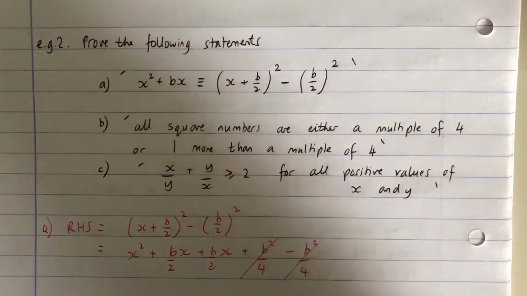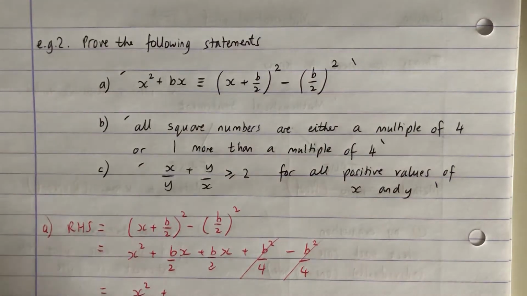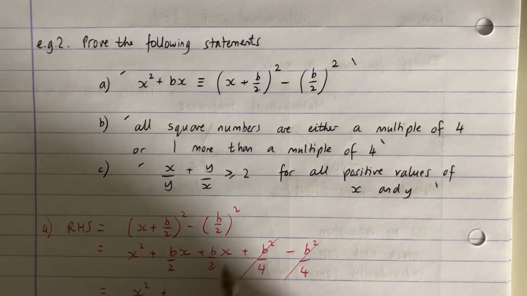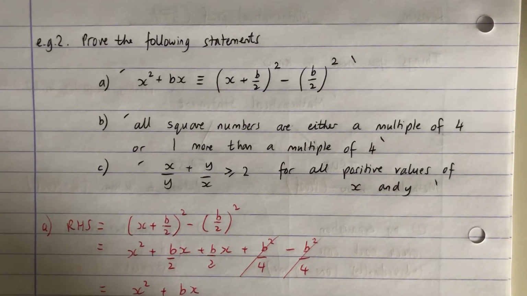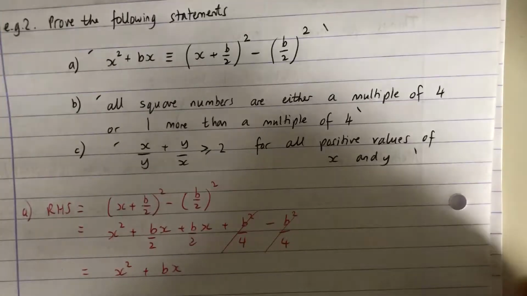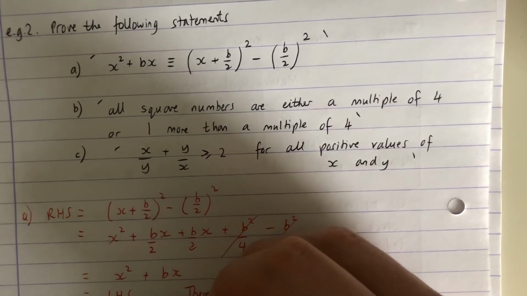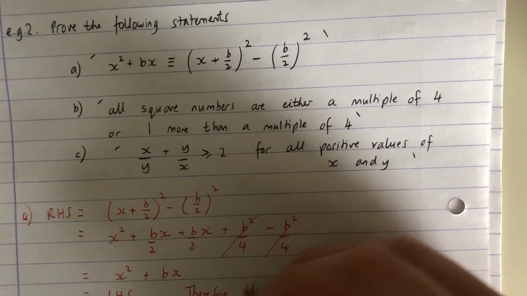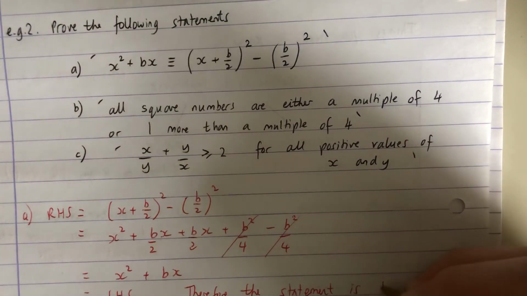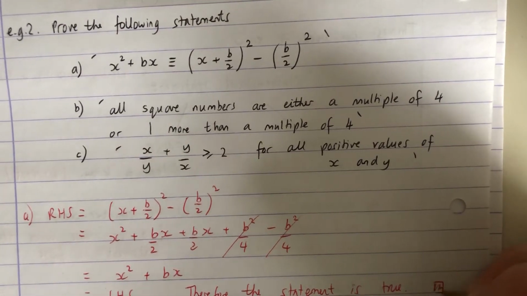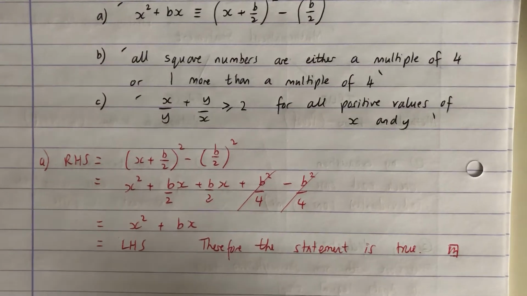Well, they disappear, and you'd be left with x squared plus b over 2x plus b over 2x, which is the same as bx, and that is the left hand side, which is equal to the right hand side. Therefore the statement is true. End of proof. Identities are a little bit easier than the others.